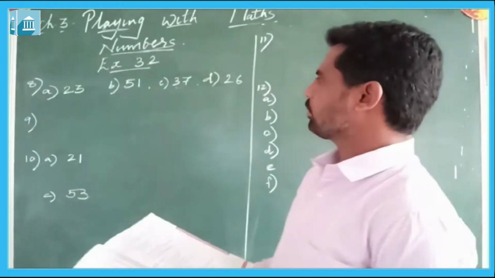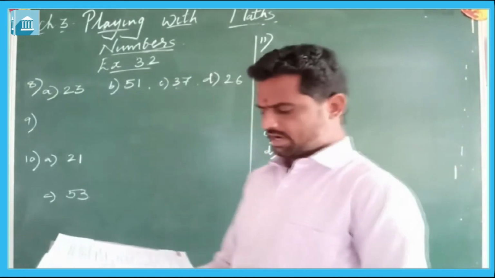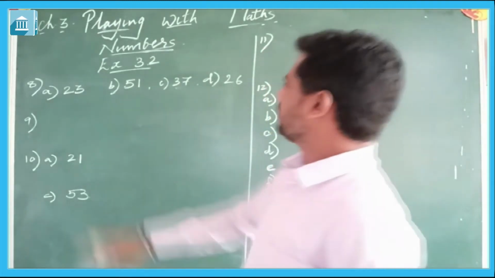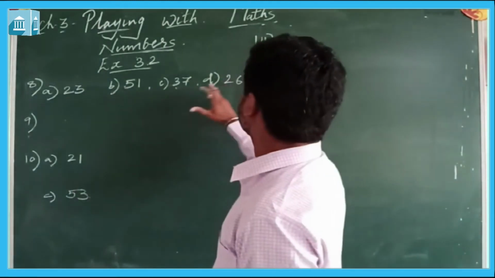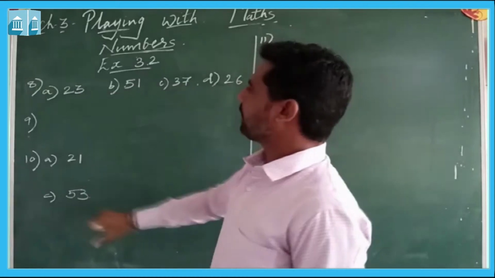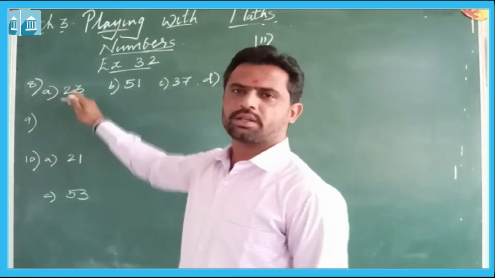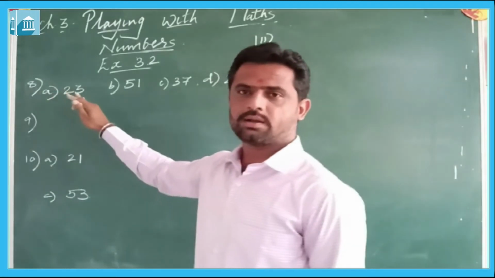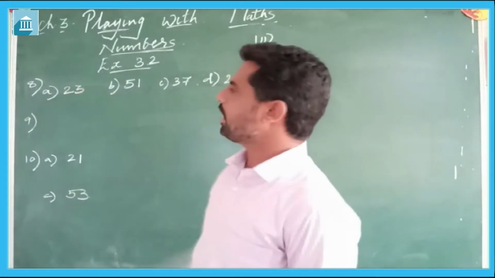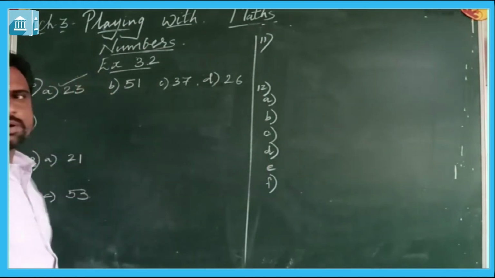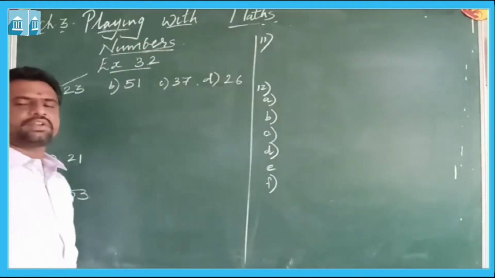Now, let us see question number 8. Question number 8 is, which of the following numbers are prime? If the numbers are given, we have to find out which of these are prime. First number is 23. We know that the factors of 23 are 1 and 23, meaning it has only two factors. So, this is a prime number. Second is 51.